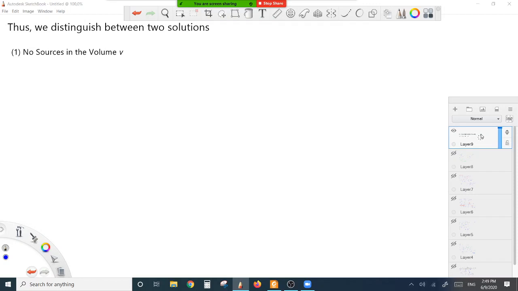Also in any conducting material, the term J can be written as sigma multiplied by E, because all power comes from outside the volume. This case is also called the receiver case.